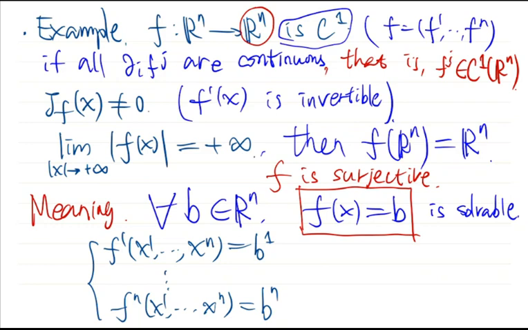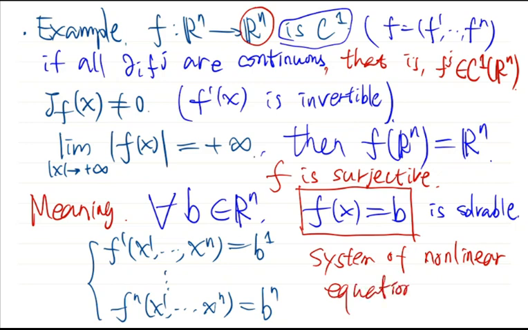This is a system of nonlinear equations. In linear algebra, we study systems of linear equations, and the theory is very complete. It can answer every question, whether it has a solution.